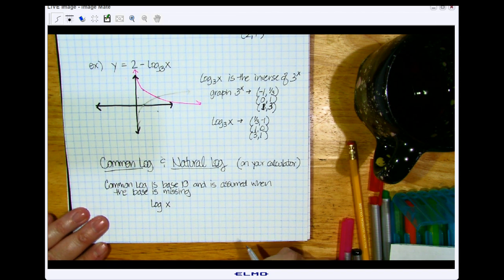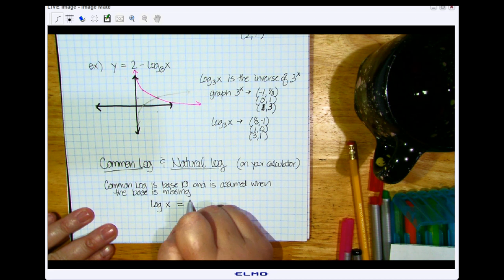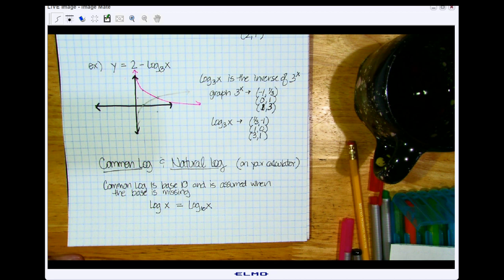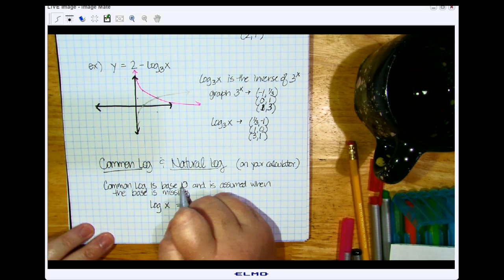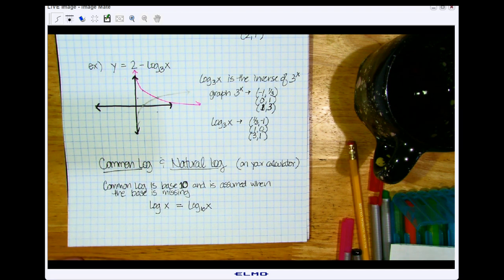So if you're just looking at something and it says log x, the assumption is that we mean log base 10 of x. Base 10.